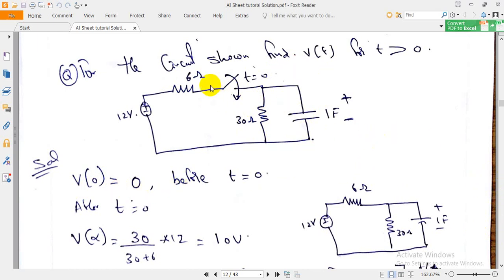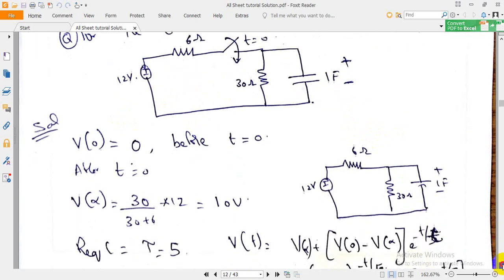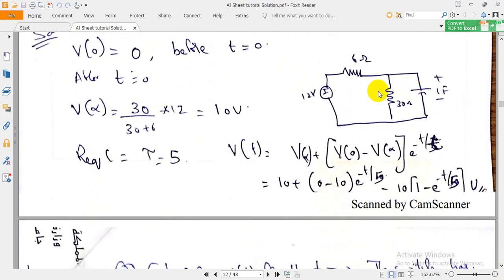Whereas for t greater than 0, the switch is closed, then the 12 volt supply is applied to the capacitance like this. This is the circuit for this. Now you can find, by using the voltage divider formula, the voltage across the capacitance.